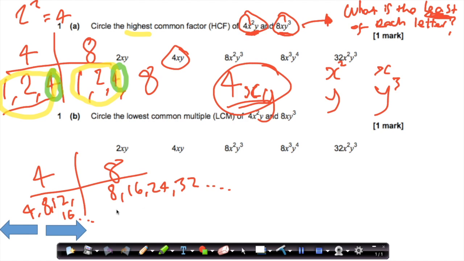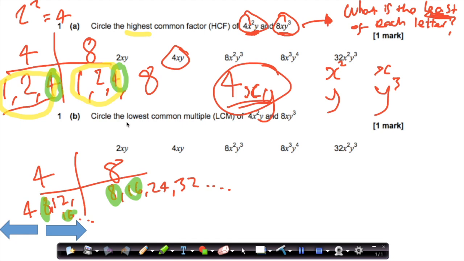So our common multiples are not 4. Our common multiples start off with the number 8. So we have 8 in both lists. We have 16 in both lists. And if we carried on, then we would have many more.